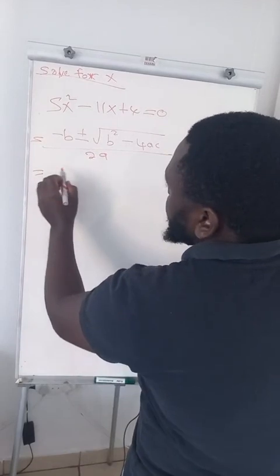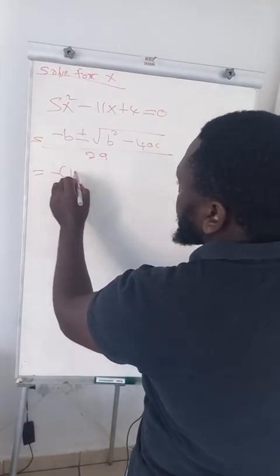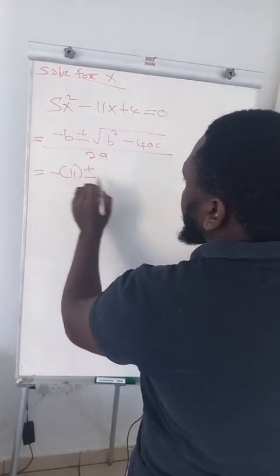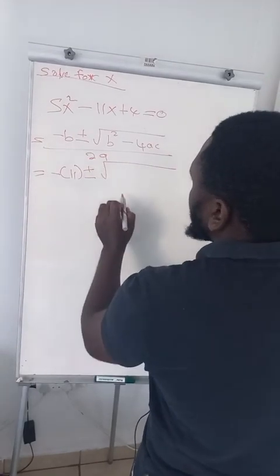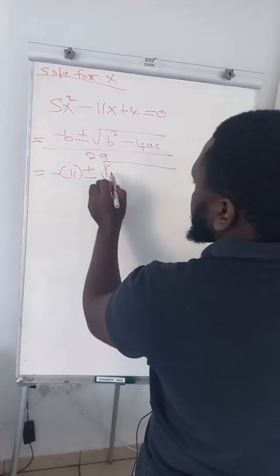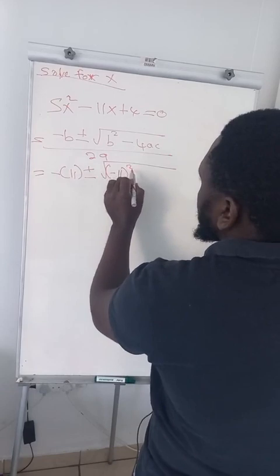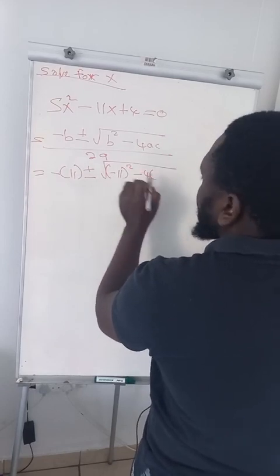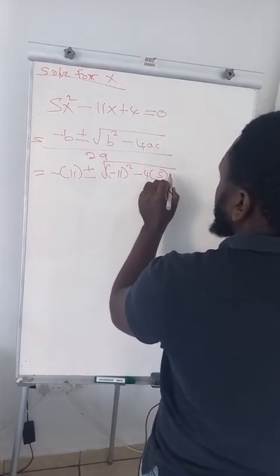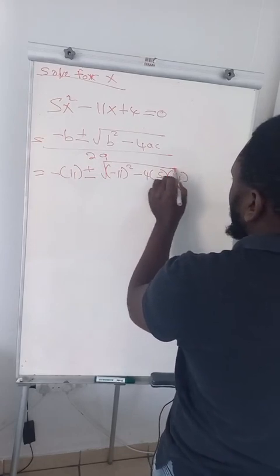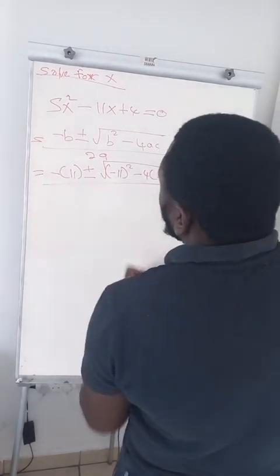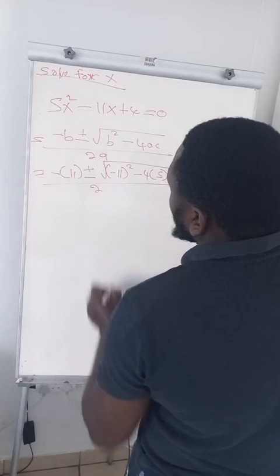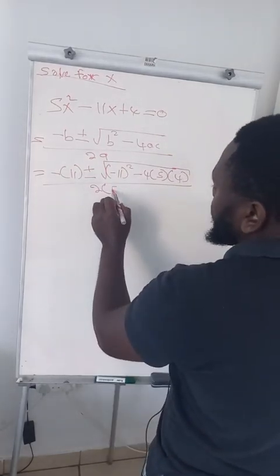Your b is just the minus 11, so you'll have minus 11 plus or minus the square root of b, which is still minus 11 squared, minus 4. What is a? A is just 5, and what is c? C is just 4, and then all divided by 2a. What is a? A is just 5.